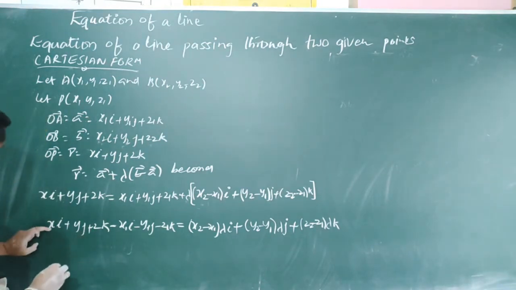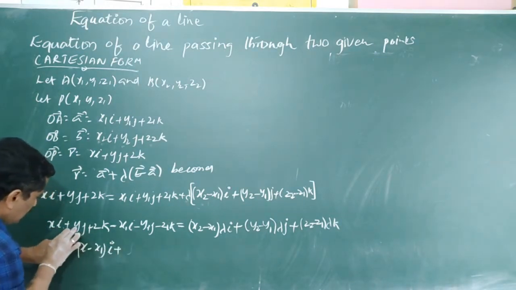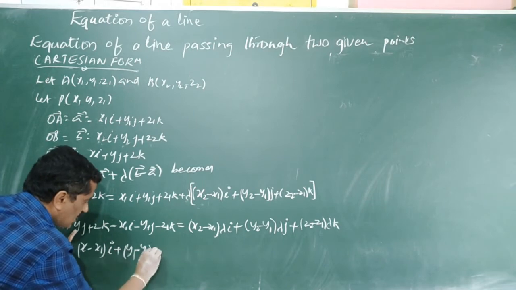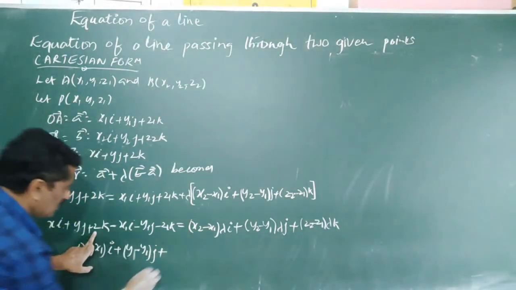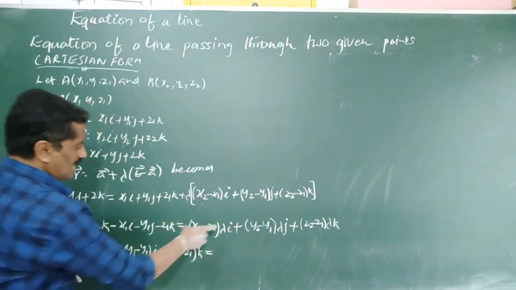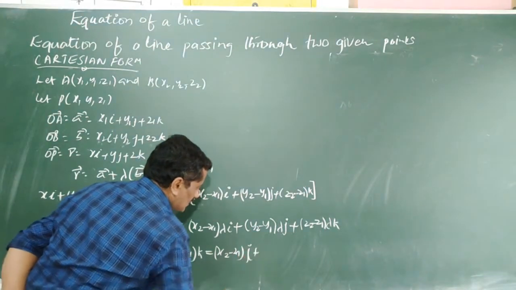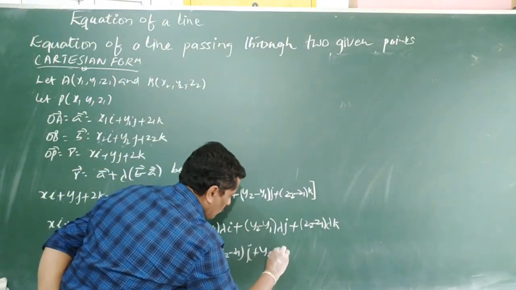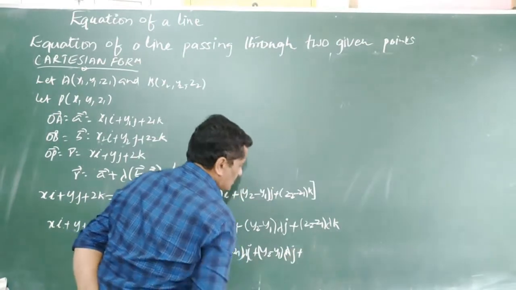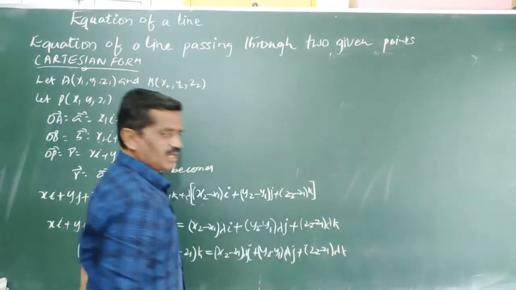Now the subtraction of these two vectors gives x minus x1 of i, plus y minus y1 of j, plus z minus z1 of k, is equal to, writing this vector as it is, x2 minus x1 of lambda into i plus y2 minus y1 of lambda into j plus z2 minus z1 of lambda into k.